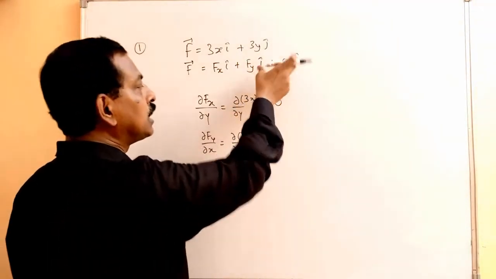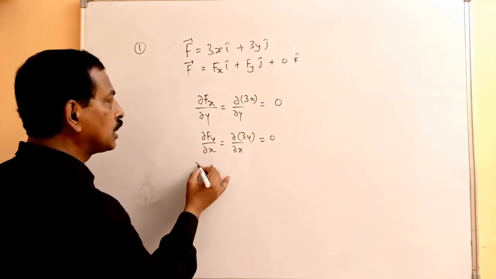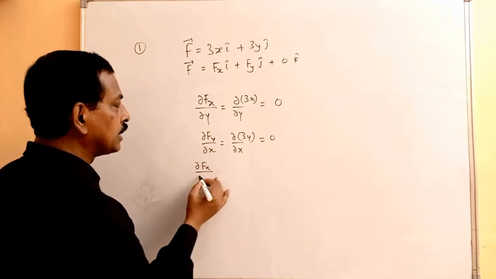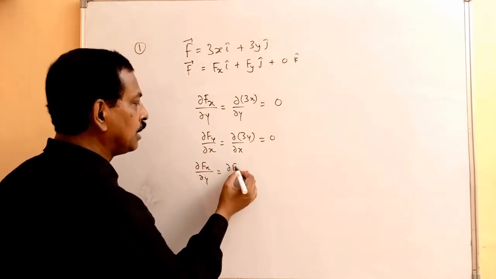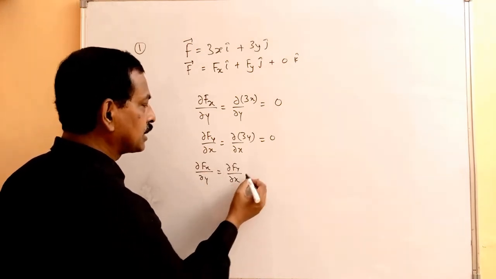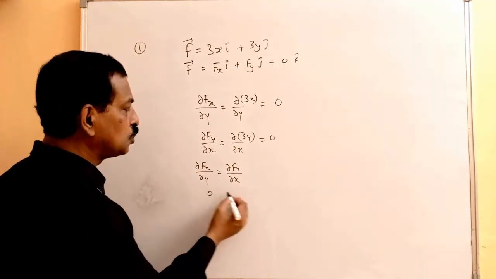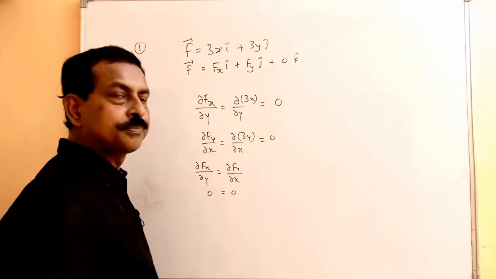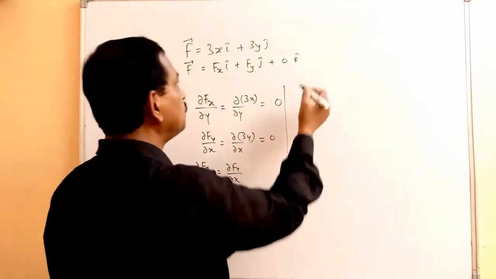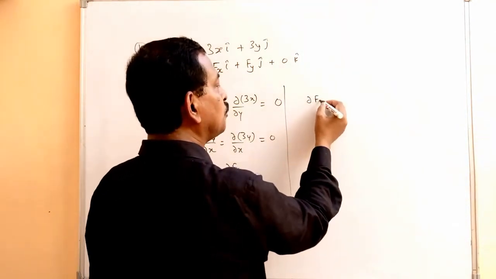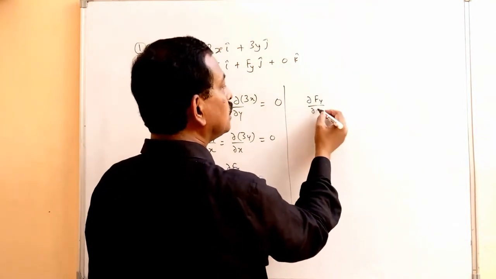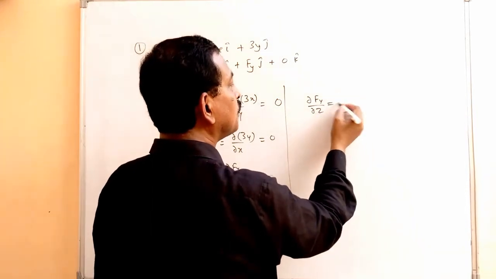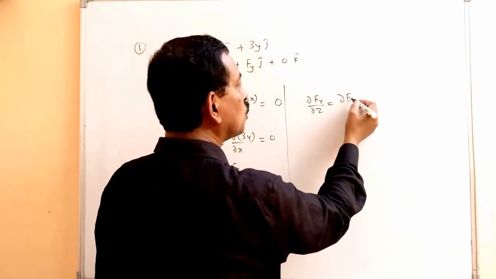Let's take the other pair. So what we have got? ∂fx/∂y is the same as ∂fy/∂x. We have got these two equal. Now let's take the other one, ∂fy/∂z. Let's see whether they are equal or not.